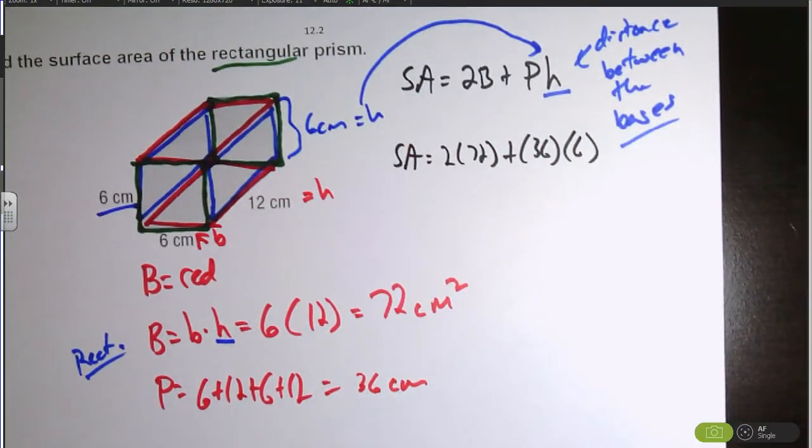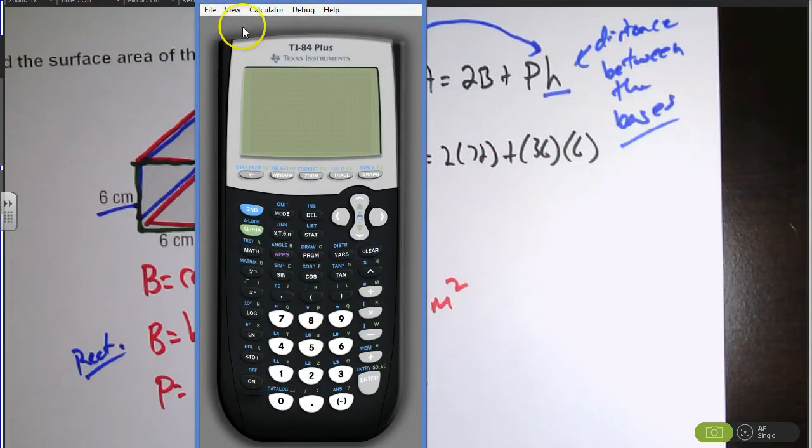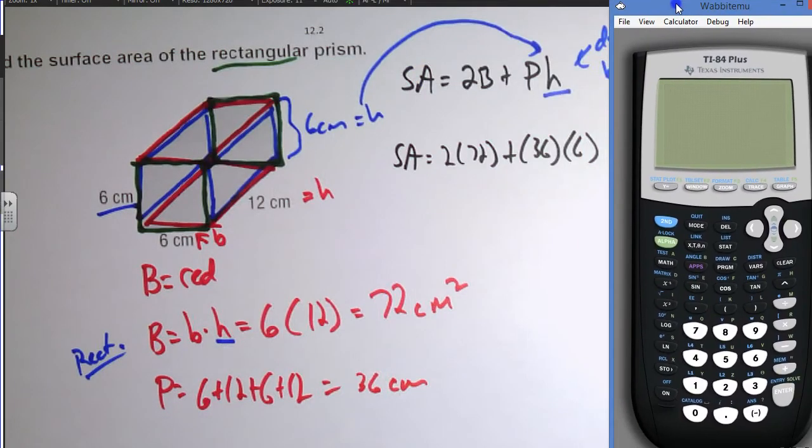And if we're really feeling lazy, we can just go ahead and grab our calculator and plug it in. There we go. So 2 times 72 plus 36 times 6. 360.